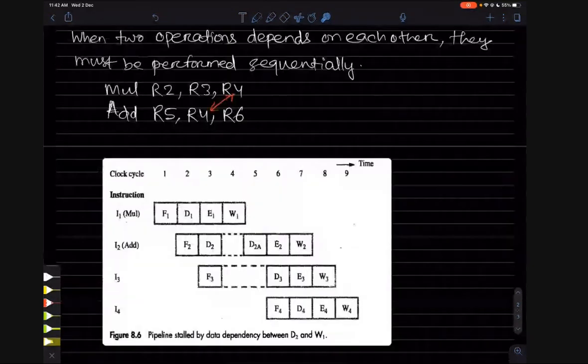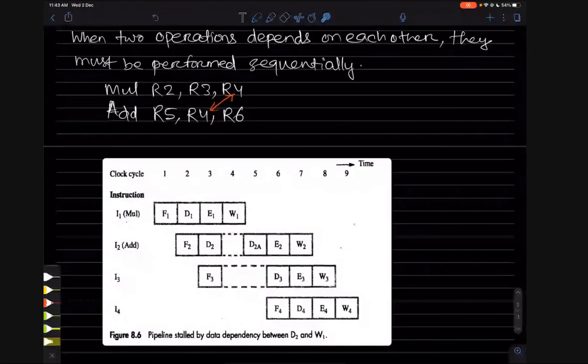This is the multiplication instruction, and this one is the addition instruction. The addition instruction requires the R4 result, but the R4 result is not yet available, so we will get one hazard here, meaning we will get one bubble here.